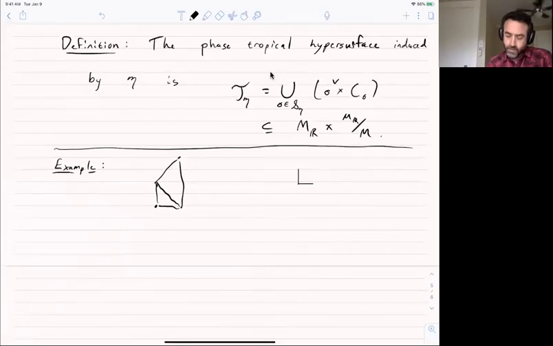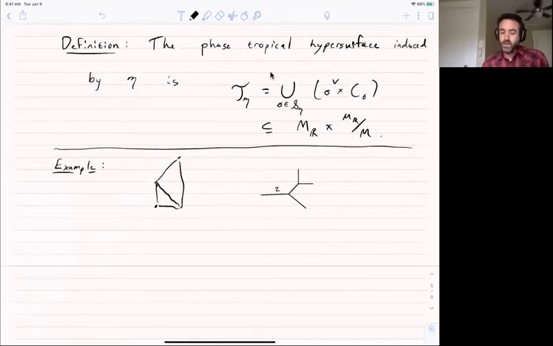You get some picture like this, and I'm drawing this particular example because here there's some multiplicities on one of these edges coming out, and you can see this geometrically as follows.